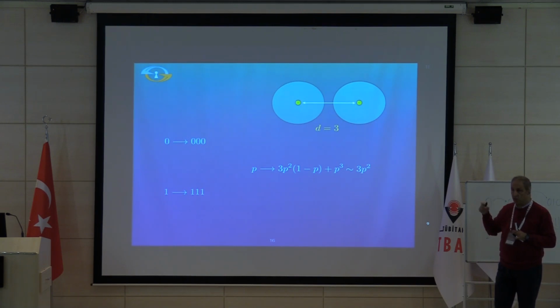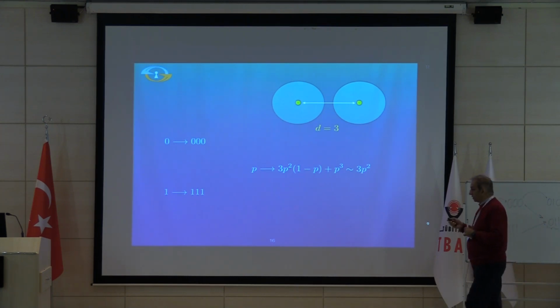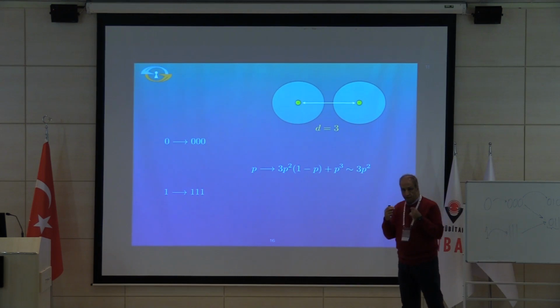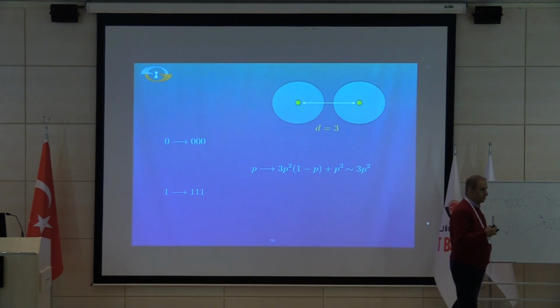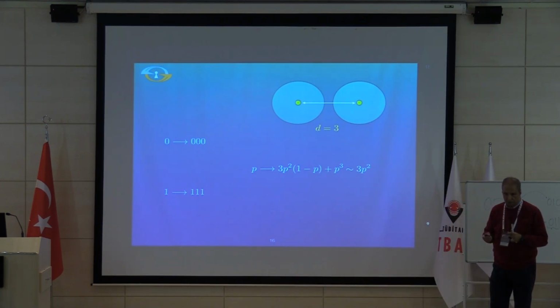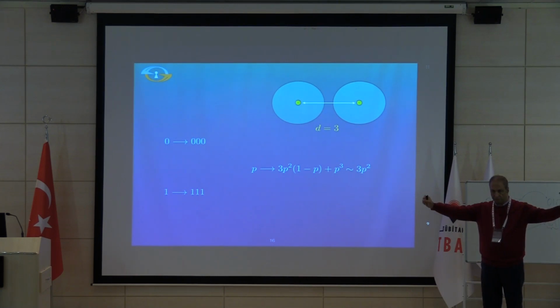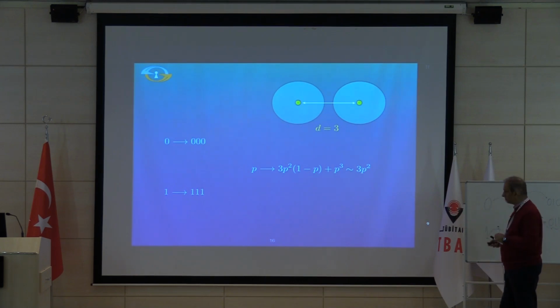So I bring it to 10 to the minus 14. It's almost zero, right? This is the philosophy of classical error correction. You separate the bits from each other so that they do not overlap with each other, right?